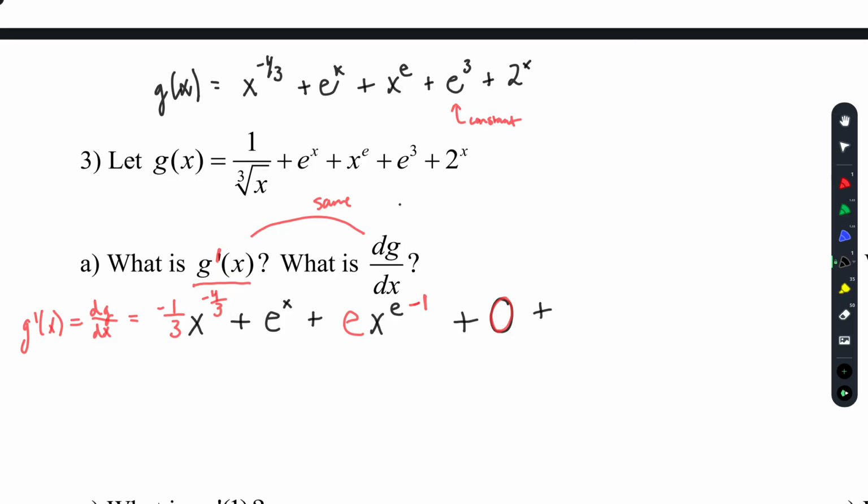Okay, now this other guy, that's that fancy one. I'll prove it to you why it works later, but for now, I would just put it in your brain. So 2 to the x, this is a shoot out of your brain one that you just memorize and know, okay? So this guy, the derivative is an I need to know one. Kind of like how the derivative of e to the x is always e to the x.